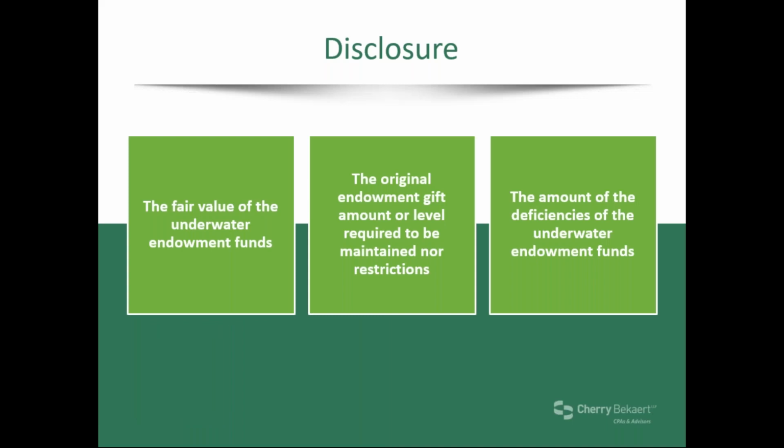You have to disclose these three things: the fair value of the endowment fund, the original gift value, and the underwater amount. We wish you all the good fortune to not have any underwater endowments.